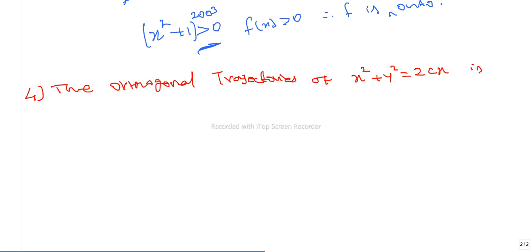The first option: x square plus y square times y dash equal to 2xy.